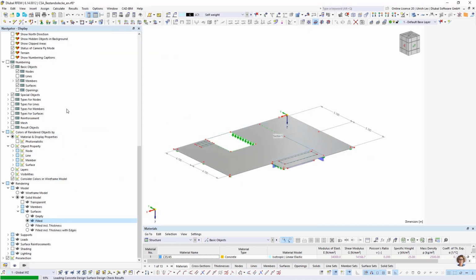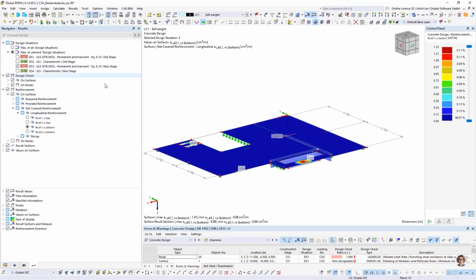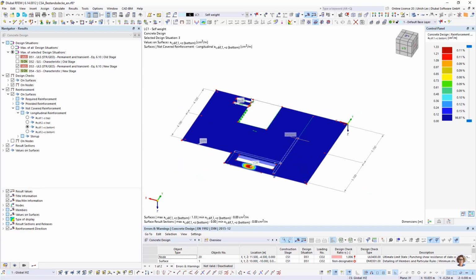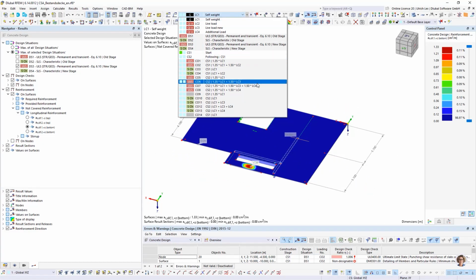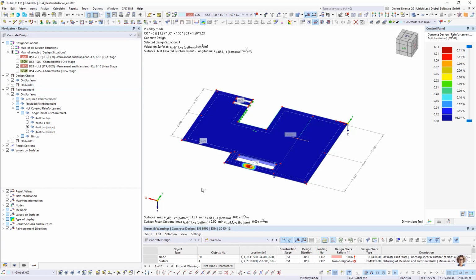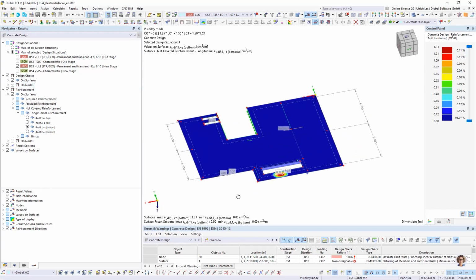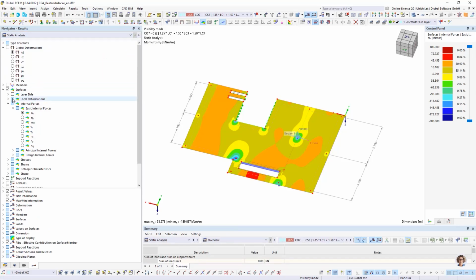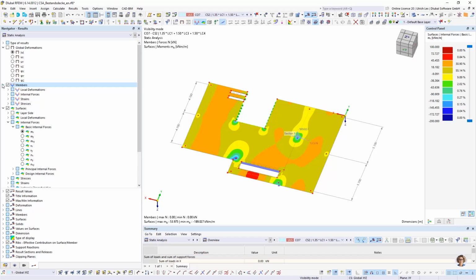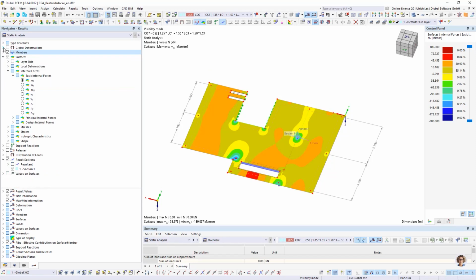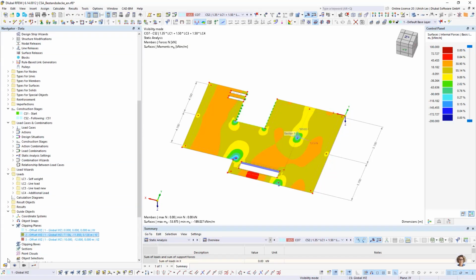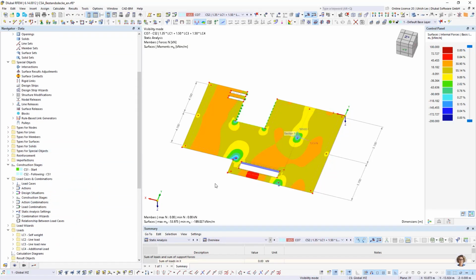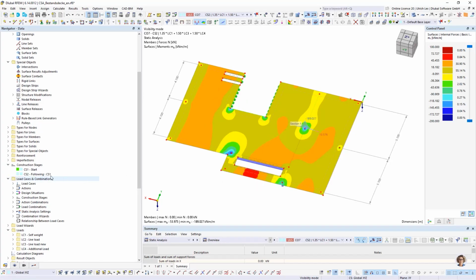So when we take a look at the results, then we see that there is nothing happening, because I forgot to activate my members.